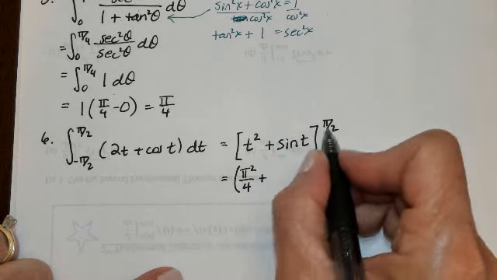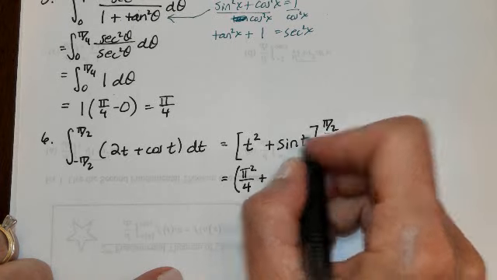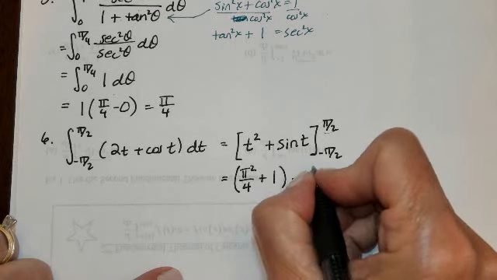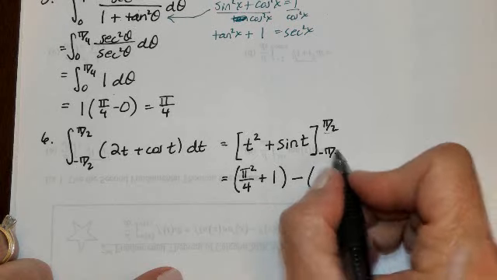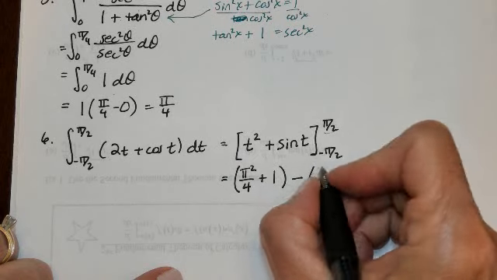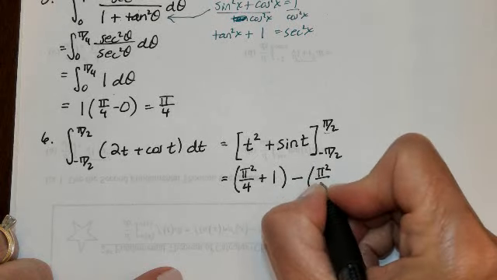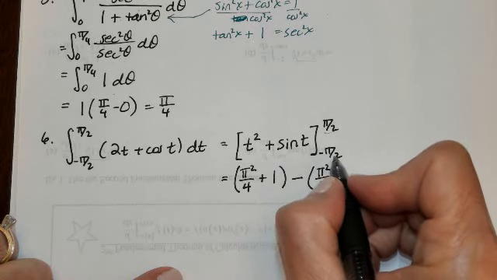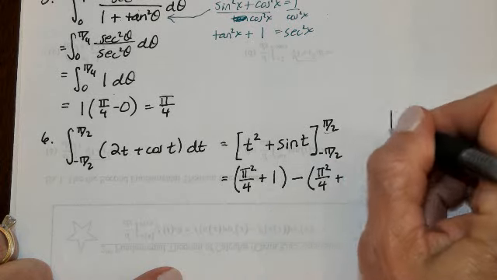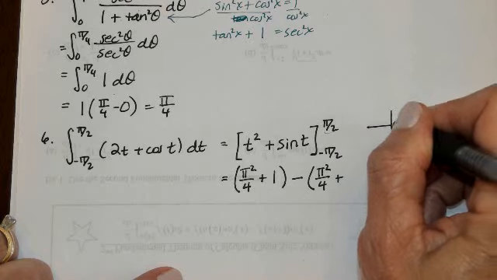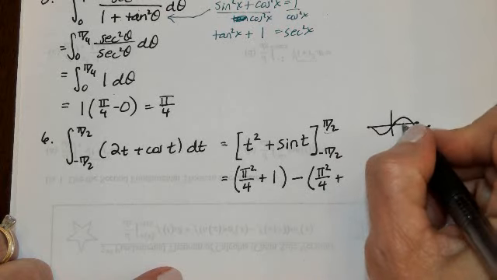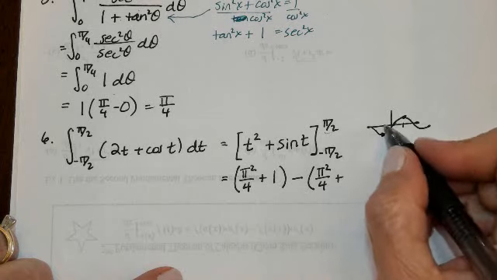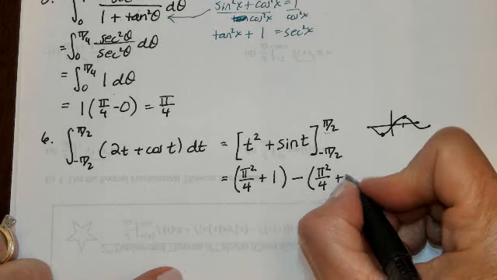If I plug in pi over 2 here, sine of pi over 2 is 1 minus. Now plug in negative pi over 2. We're going to get pi squared over 2 squared again, plus sine of negative pi over 2. The graph of sine looks like this. Okay, so sine of negative pi over 2 will be a negative 1.